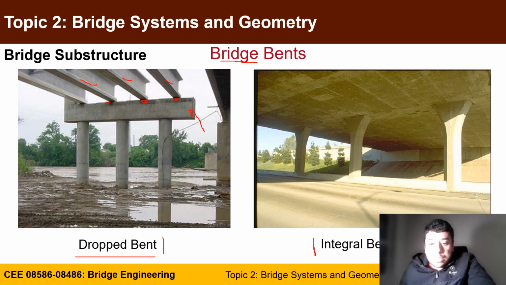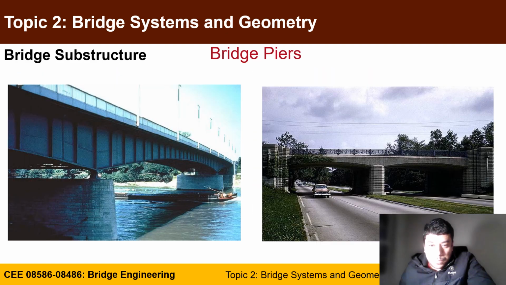The second type is integral bent, where you can see here, this is a line of the beam that is actually integral with the slab. So it's cast monolithically with the superstructure.